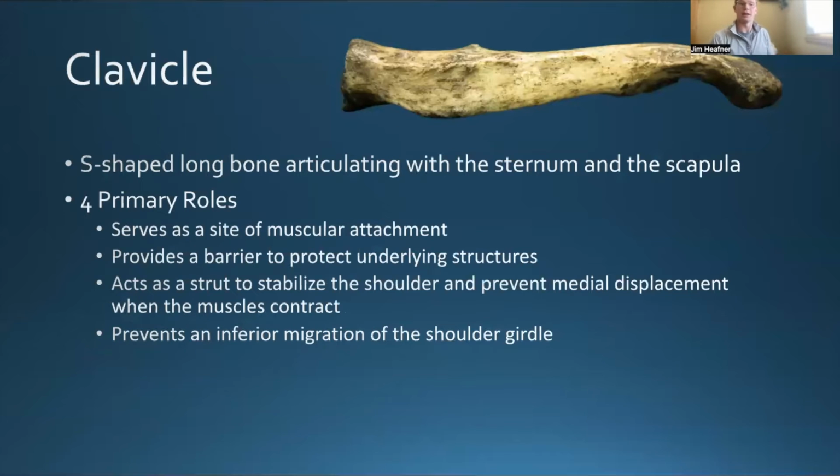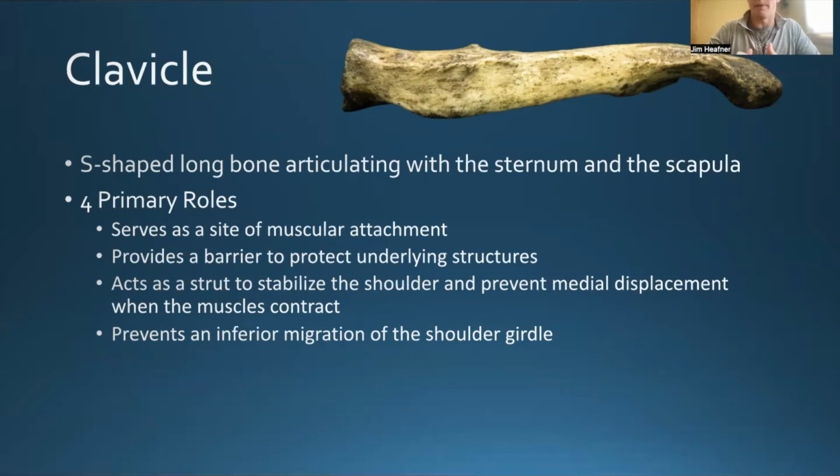The clavicle is an S-shaped long bone articulating with the sternum proximally, or medially, and then laterally with the scapula. So that's our SC and AC joints. It has four primary roles. It's a site of muscular attachment.